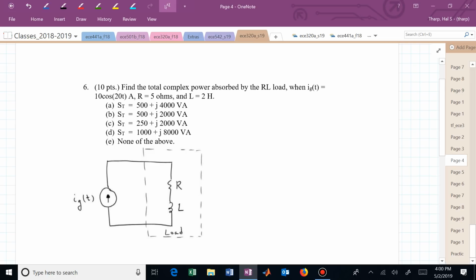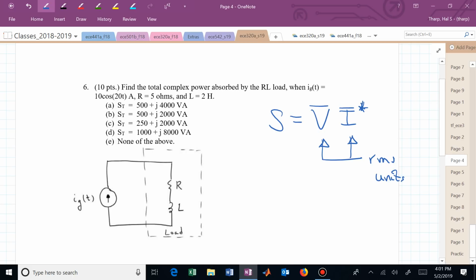What's the total complex power formula? What's something that you definitely need to know going into the final? I would say S is equal to V phasor times I phasor conjugate, where these are in RMS units.